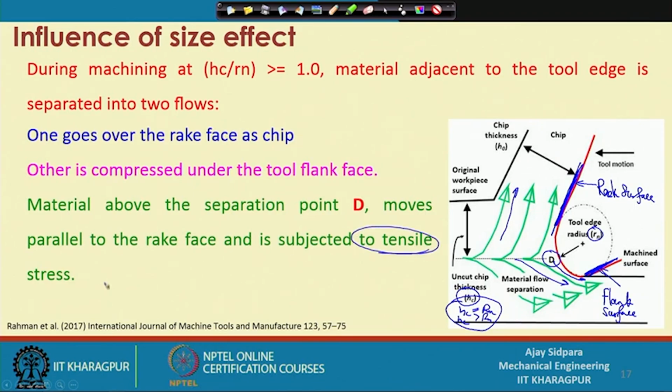because we know that the thickness of the uncut chip is smaller than the thickness of the chip.